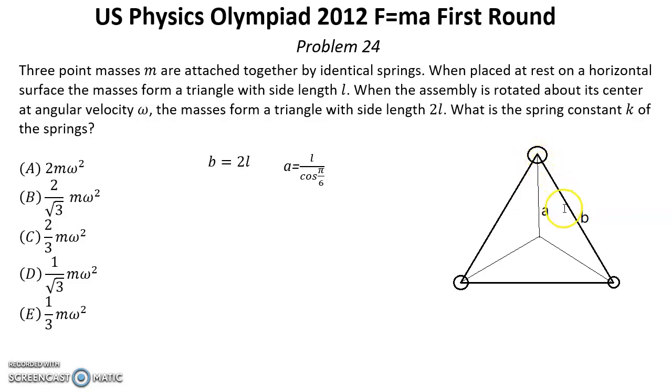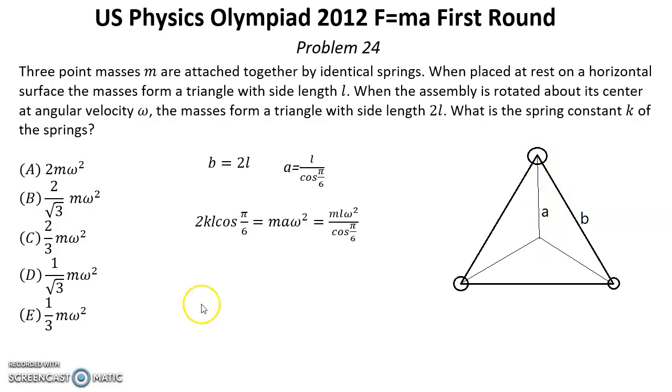This force is directed in this direction, and for each mass we have a total force composed of two forces, and we need to find the projection of these two forces on the direction of this A part, which is 2KL multiplied by cosine 30 degrees, or pi over 6.